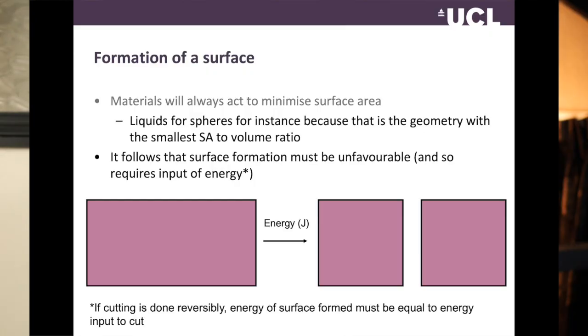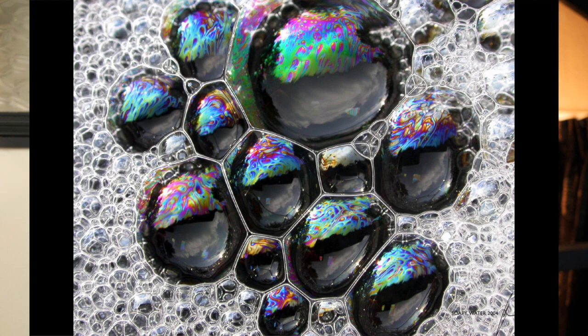Interestingly, when soap bubbles come together, you can see that two soap bubbles touching form a straight line, because at that point the straight line is the way of minimising the point of contact between the two bubbles. It minimises the amount of surface which has been generated. So just looking at nature, you can see that surfaces are an unfavourable thing.